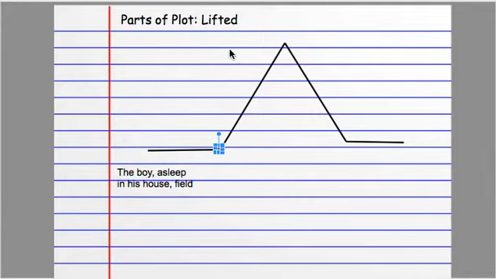The conflict. What's the thing that kind of starts off the action? That would be the boy getting lifted up, right? The boy gets lifted out of bed. Where our action kind of starts going.